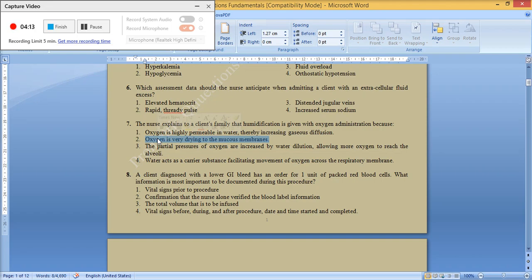The total volume that is to be infused. 4. Vital signs before, during and after procedure, date and time started or completed. Answer 4. Vital signs before, during and after procedure, date and time started and completed.